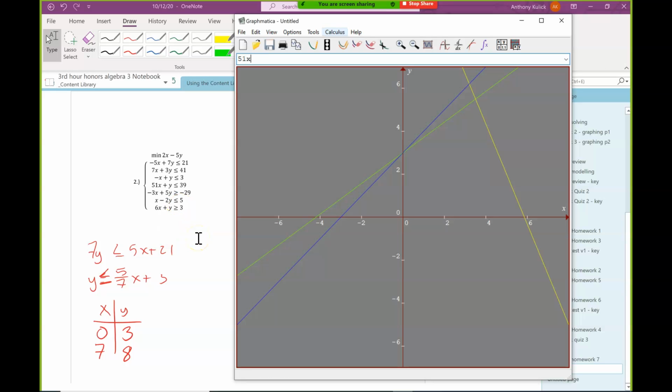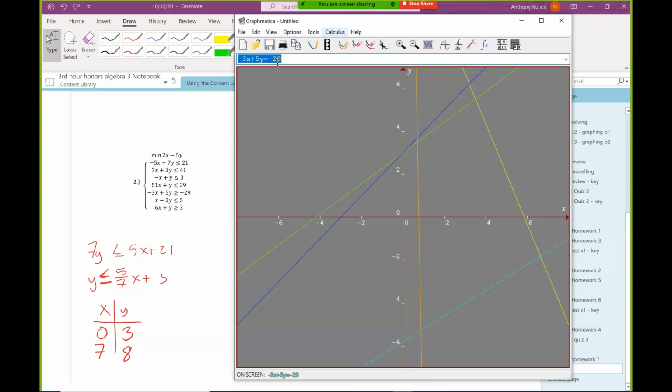Okay, 51x plus y equals 39. And we are less than that. So now we're down in this spot down in here. So this yellow line becomes irrelevant, right? Okay, then negative 3x plus 5y equals negative 29.